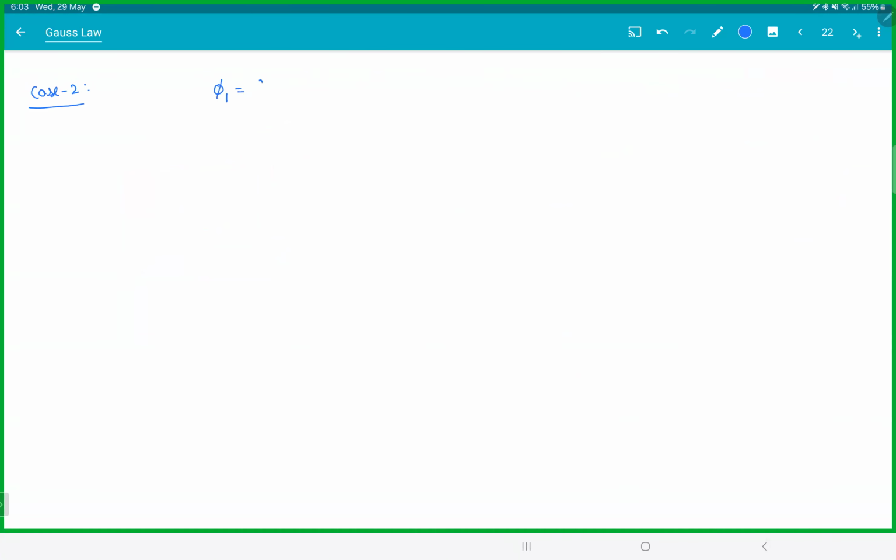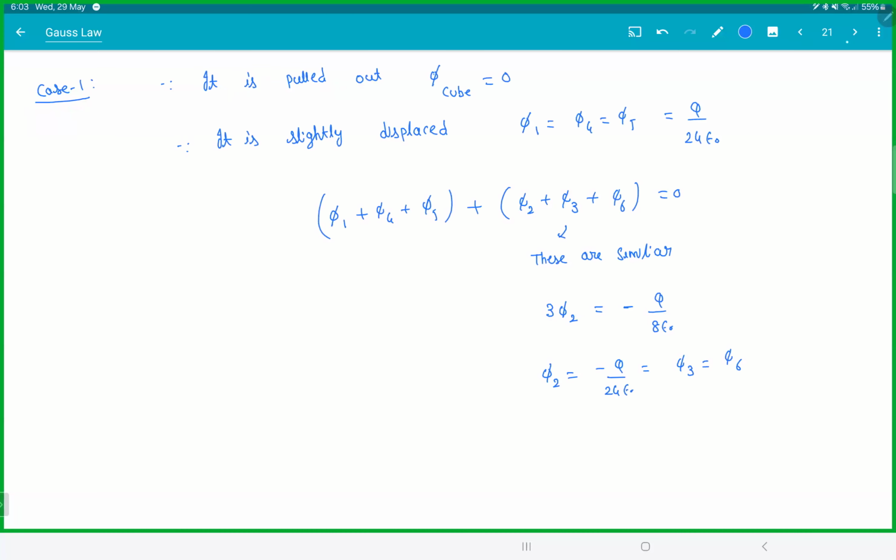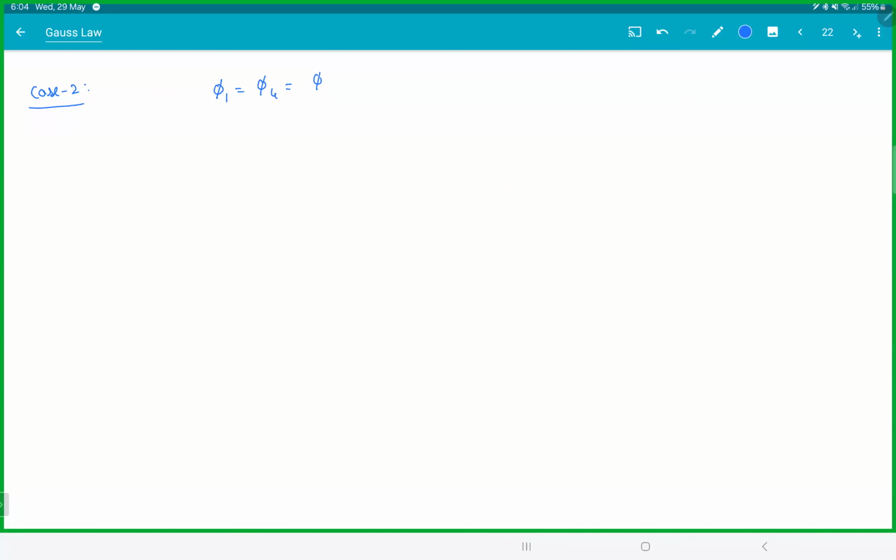The flux due to 1, 4, 5, and 6, these guys are unaffected. But now, since the charge is inside, the charge has gone completely into the cube. Therefore, the total flux through the cube is q by epsilon.